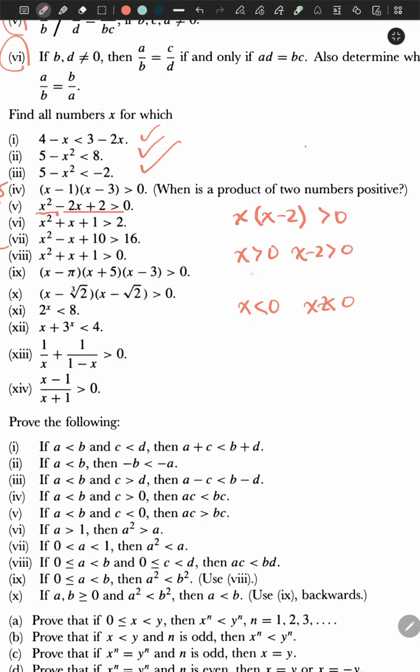So there are two cases. One case here, second case there. What these compound statements mean is that when x is greater than 2, this inequality is satisfied, and also when x is less than 0, this inequality is satisfied.